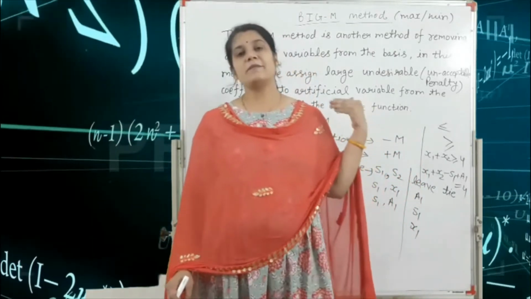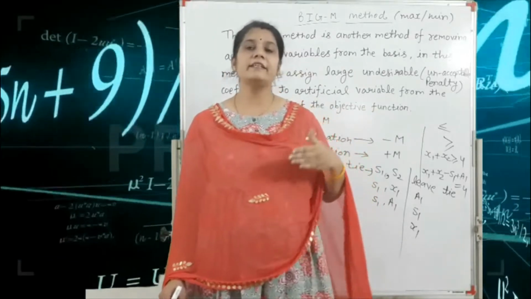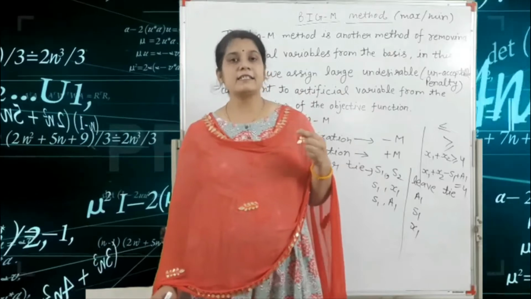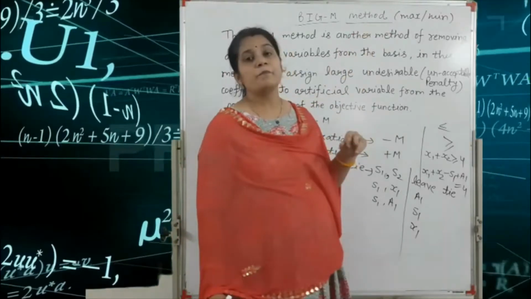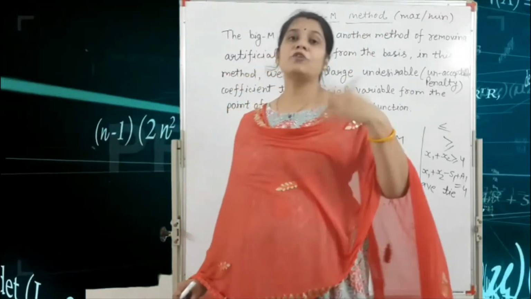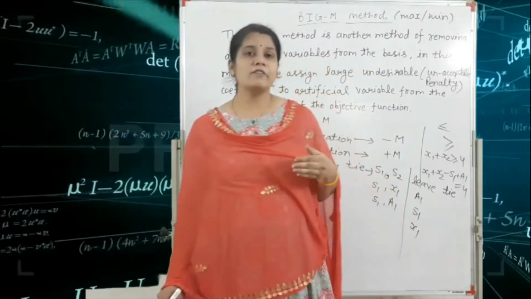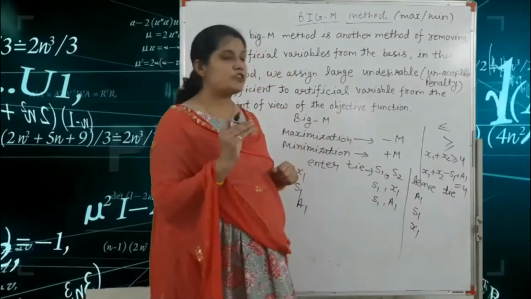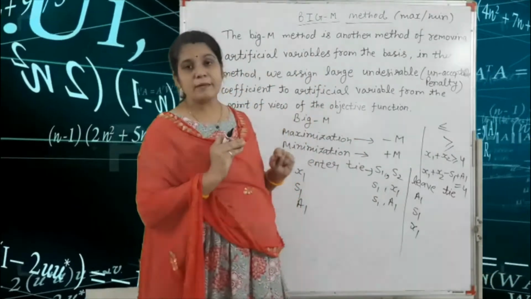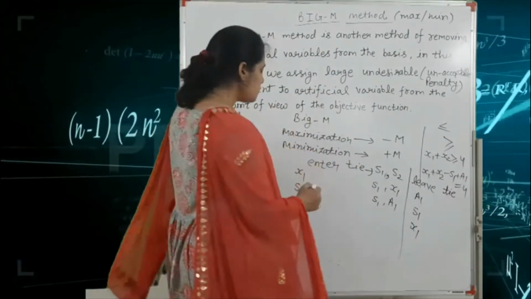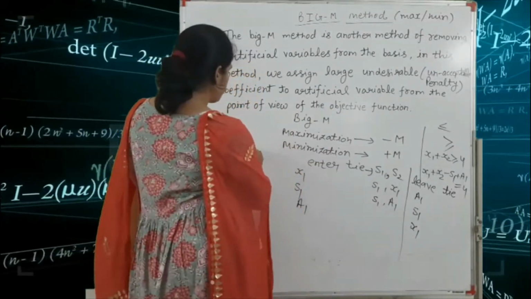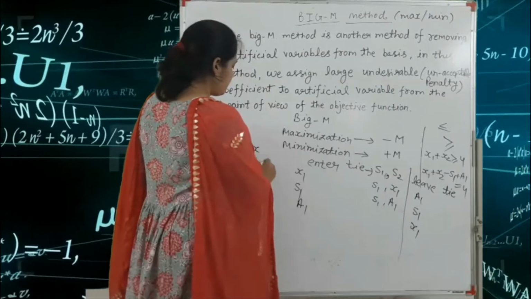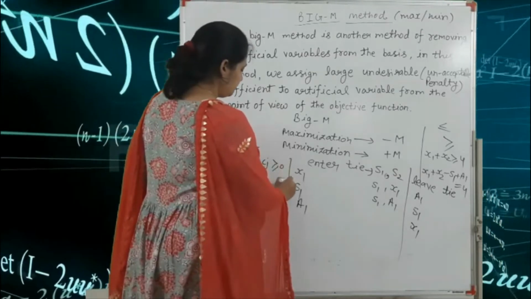So this is a very important point for the Big M method, because the Big M method is very lengthy. Sometimes in this method we find the third to fourth iteration. So always keep in mind, if your question is given in maximization form, you consider Zj minus Cj greater than or equal to 0.